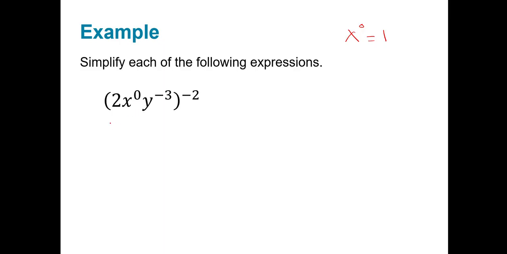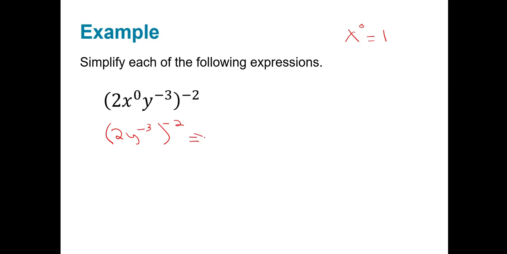So I'm going to rewrite this as 2 y to the negative 3, all to the negative 2. I could make it positive, but I'm just going to give this negative 2 to everything.